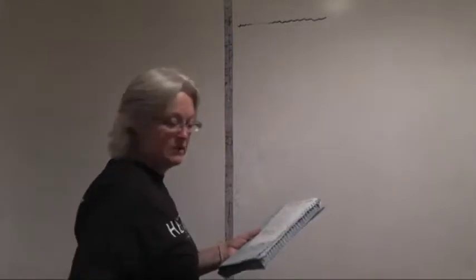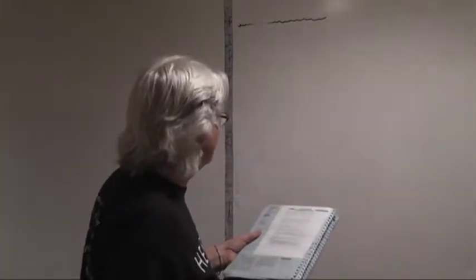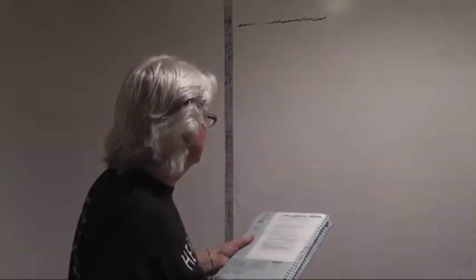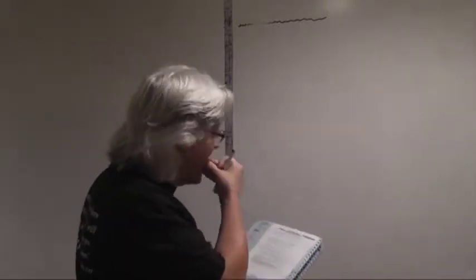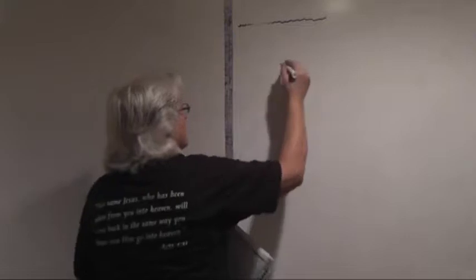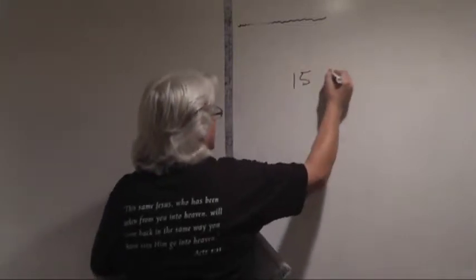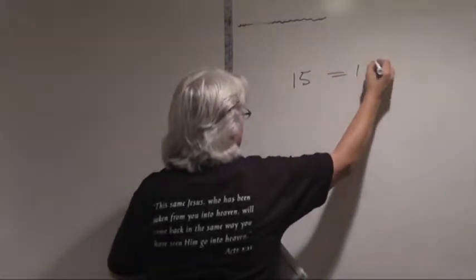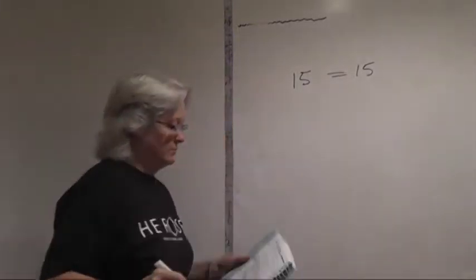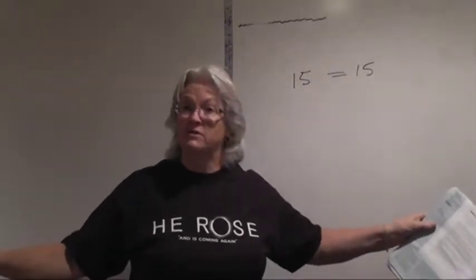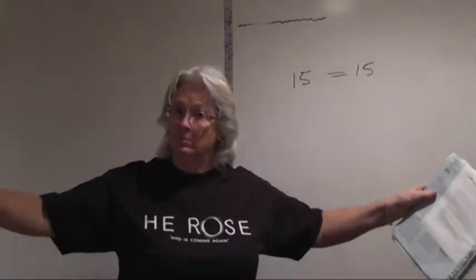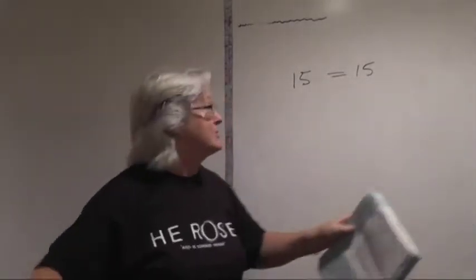So let's go ahead and consider 15 times 15, where 15 equals 15. If you do the same thing to both sides of the equation, it might look different, but it's still going to be balanced.